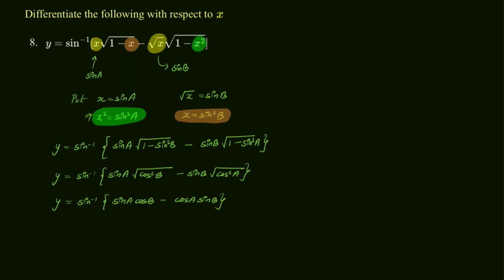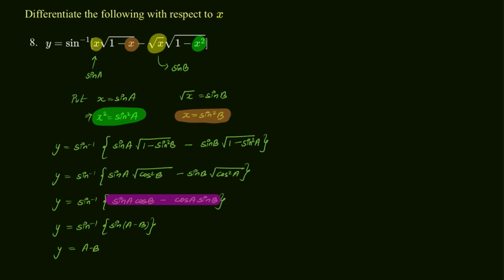Now all of this is in the form of sine a cos b minus cos a sine b. So this is the formula for sine of (a minus b). Hence my function will be sine inverse of sine (a minus b). Therefore y equals a minus b only.